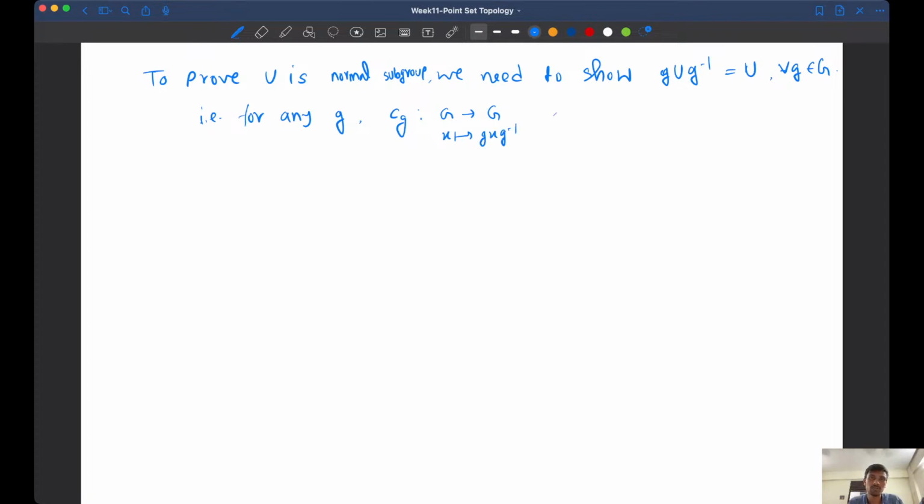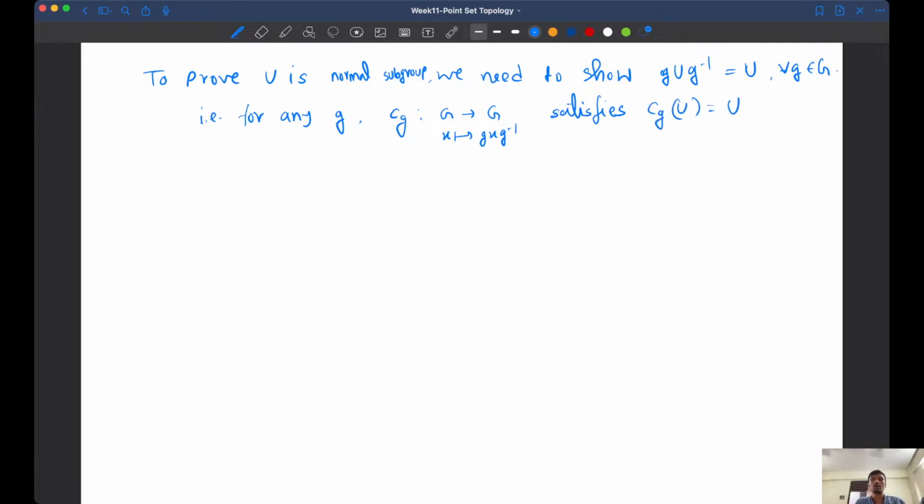So this is actually again a homeomorphism, and this satisfies C g of U equal to U.